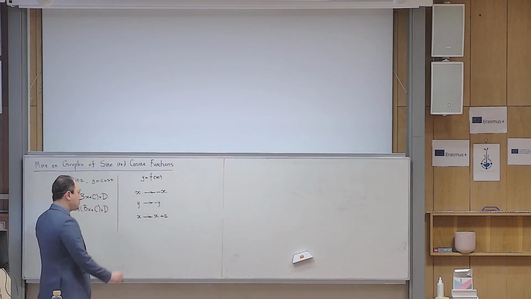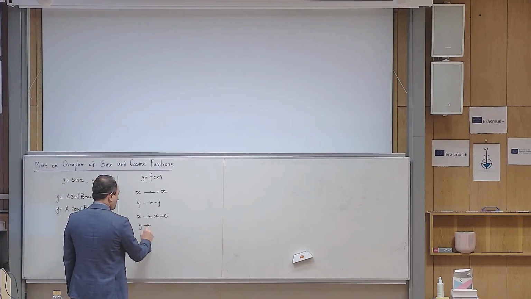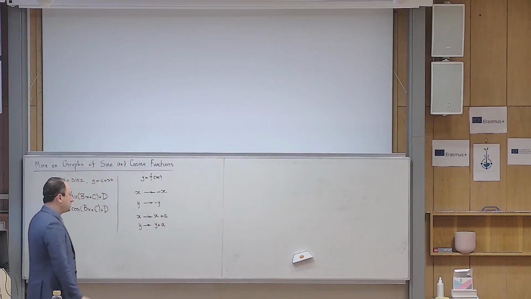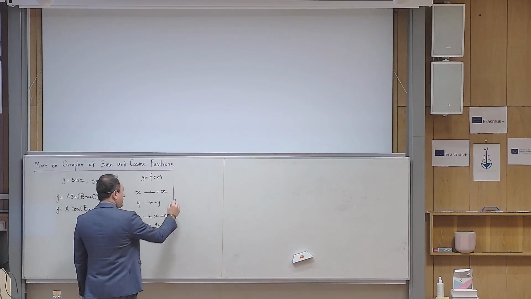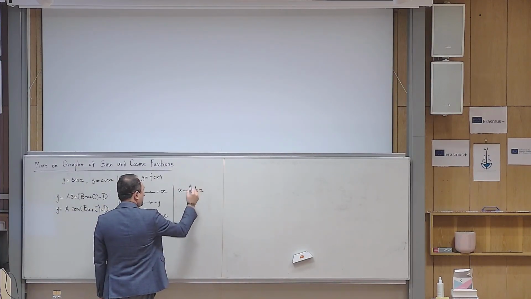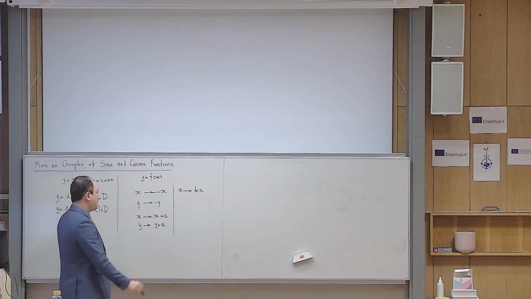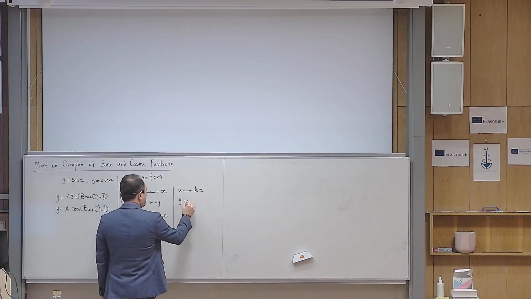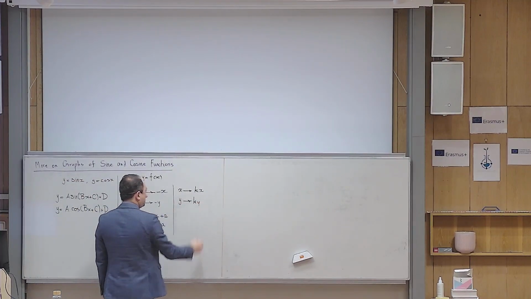Okay, what happens if I do the same transformation for y plus a constant? And then what happens if I change x to a number k multiplied by x? And what happens to the graph if I do this one? Okay.